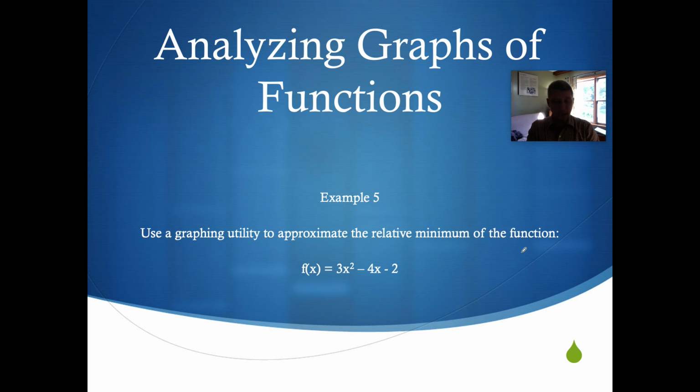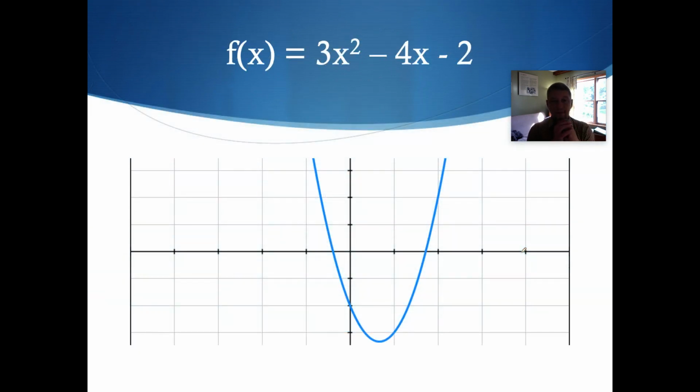In this case, what we're going to do is graph this function and then determine where the lowest low actually is. So let's go ahead and graph it. I used graphsketch.com to find out what the lowest value actually is.